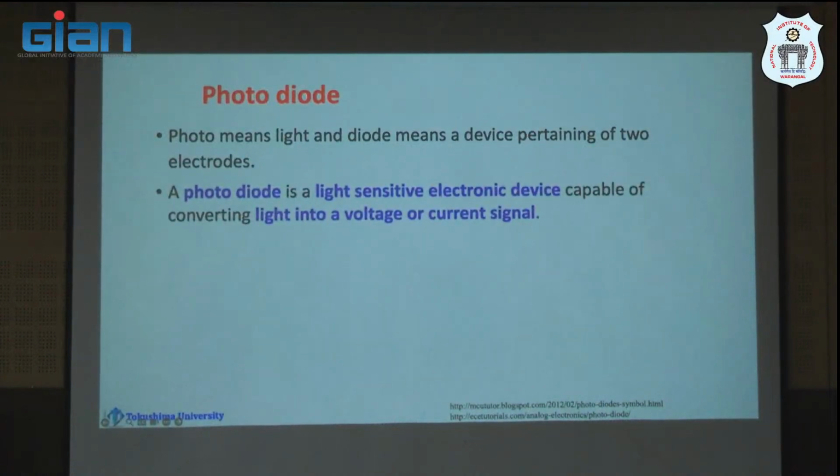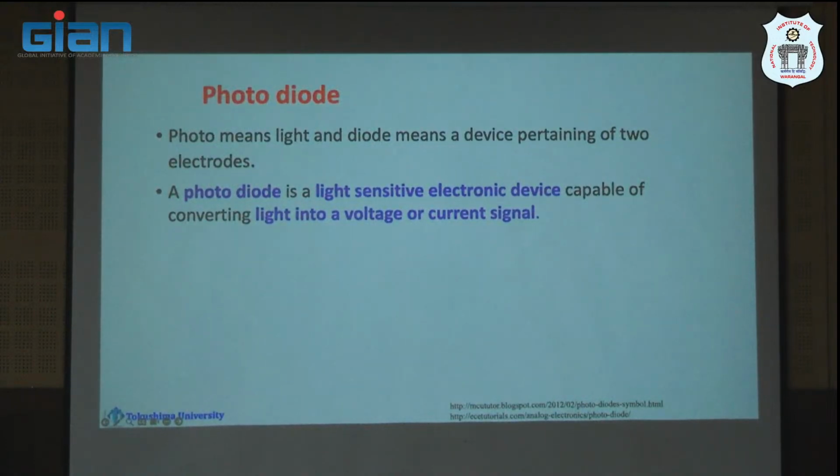Photodiode means light and diode. Photo means light, diode means a device containing two electrodes. So the P-N junction, that is a diode. A normal diode has only a P-N junction, but here you are adding light. So a photodiode is a light sensitive electronic device capable of converting light into a voltage or current signal.